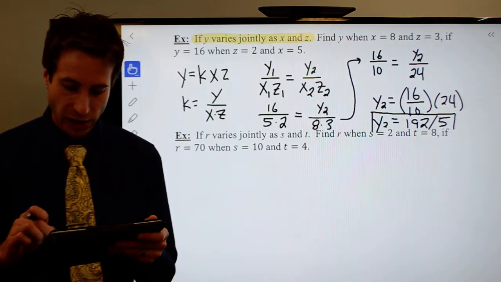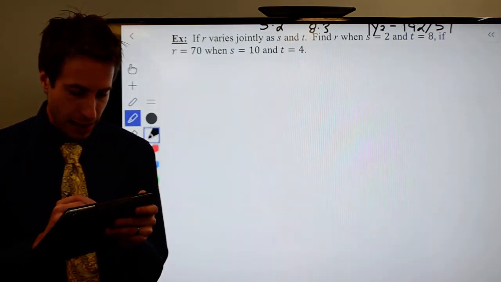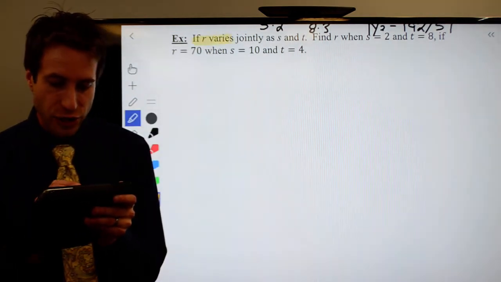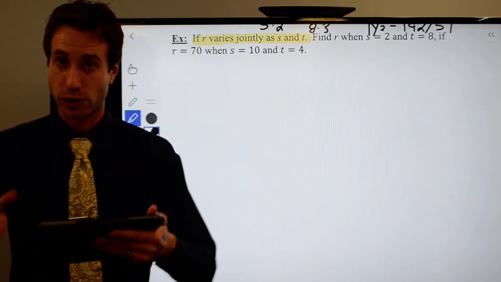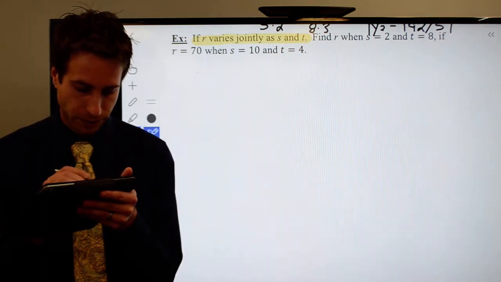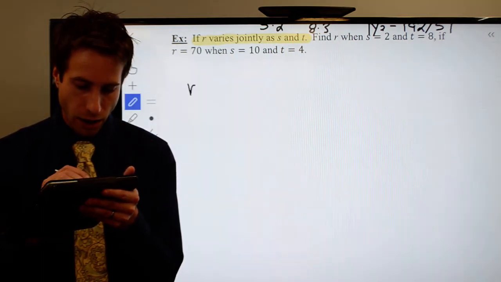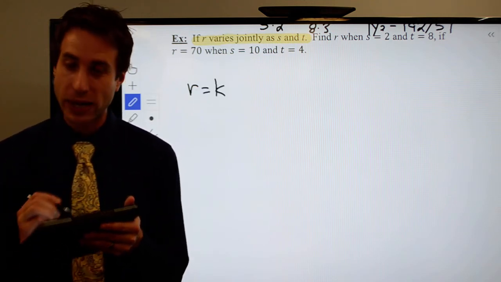Again, please feel free to work ahead. Come on back and check your answers with me. Here's what we've got. I am told that r varies jointly as s and t. Let's write our function first, all right? So I know that r varies jointly. So that means I need a k. You always need a k.